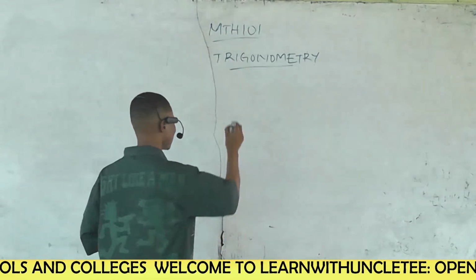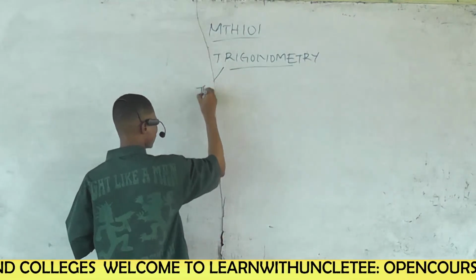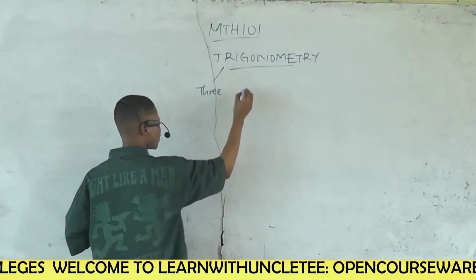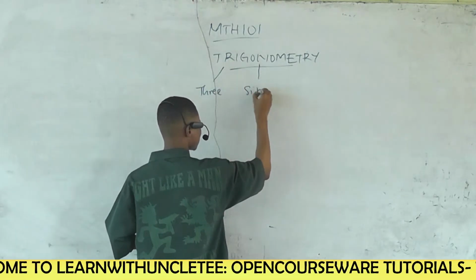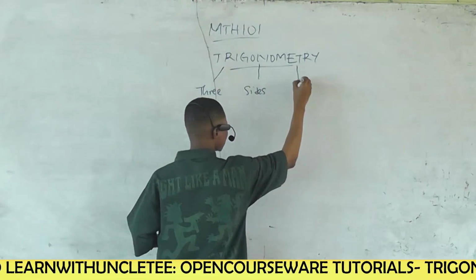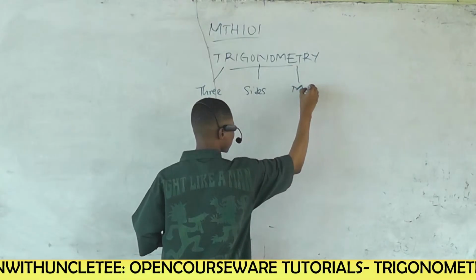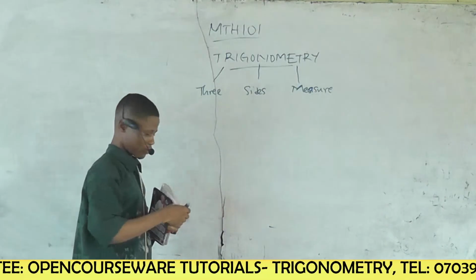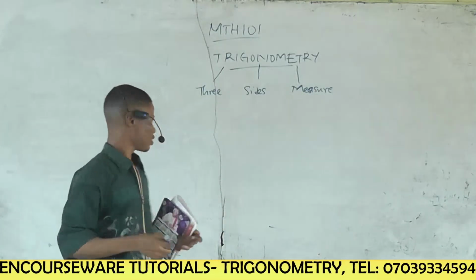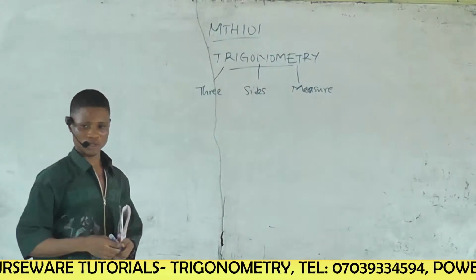This "tri" means 3, and this "gono" means sides, and "metry" means measure. So we can simply refer to trigonometry as the 3 sides measure.